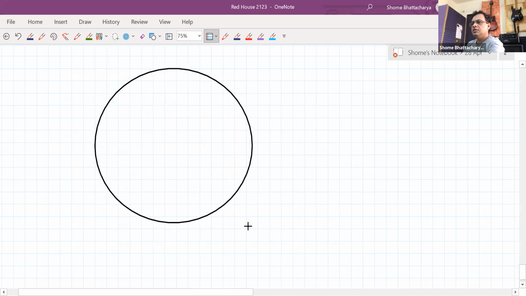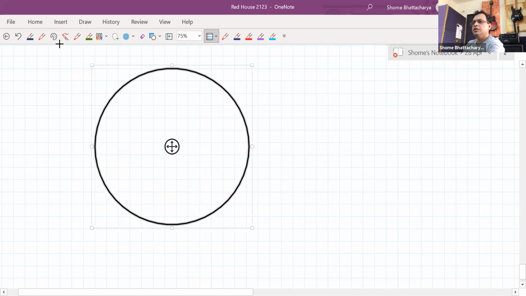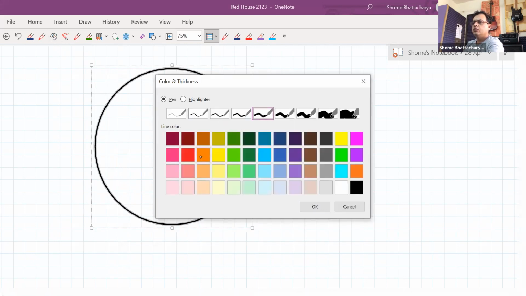We draw a circle like this, and then we draw the tangent to the circle from some external point.